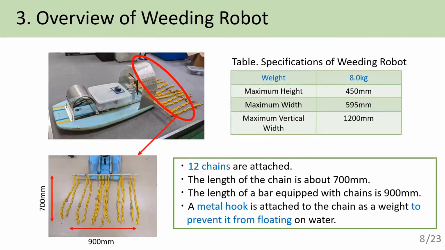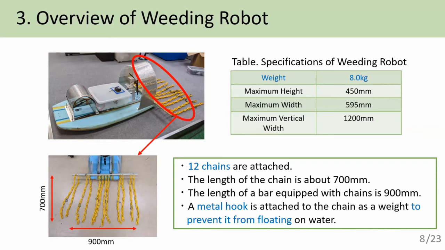Next, the overview of the weeding robot. Please look at this table, which is the specification of the weeding robot. Weight is 8 kilograms. At the rear, 12 chains are attached, and the length is about 700 millimeters, and the length of the bar is 900 millimeters.